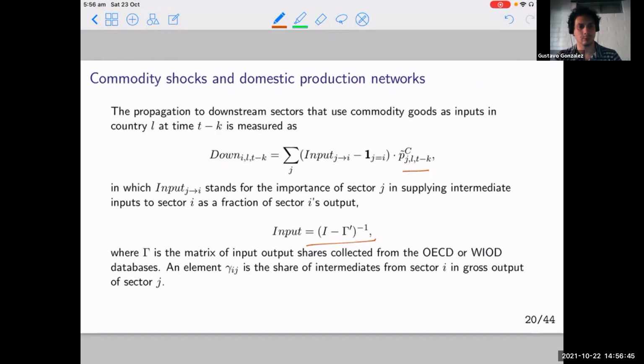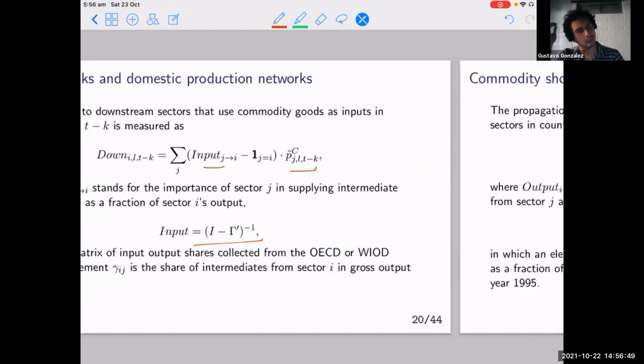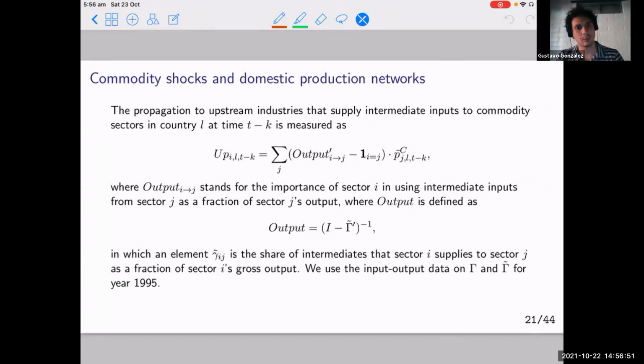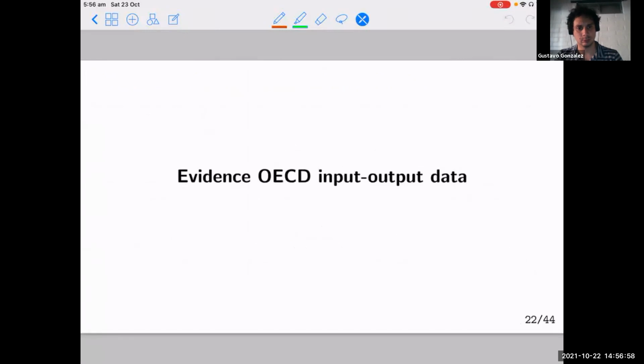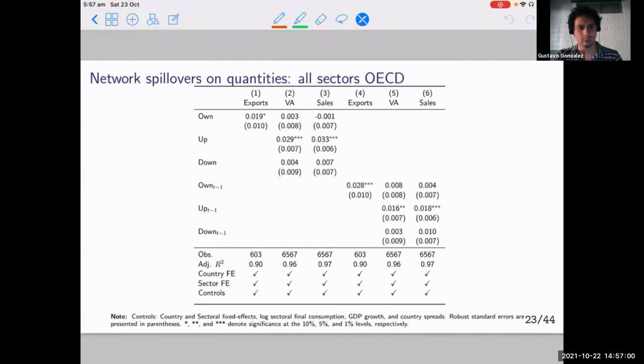Then we interact the price of commodity with that downstream connection to see the effects. We do the same for the upstream, to see how much commodity buys from you. So we look at both, and then we try to understand how that propagates.